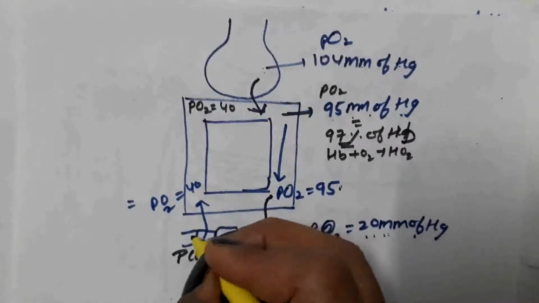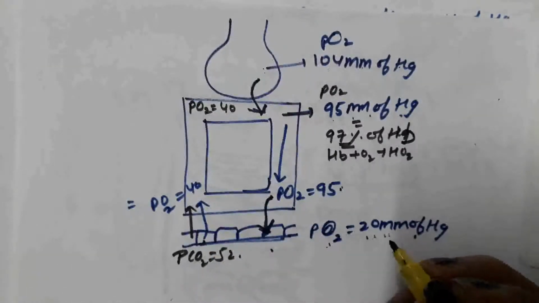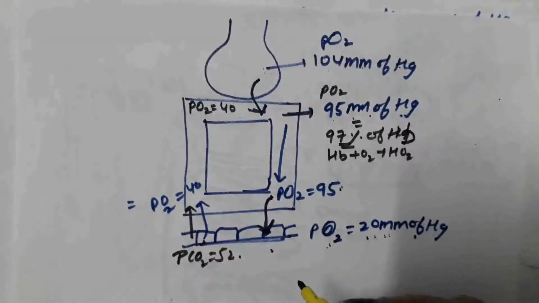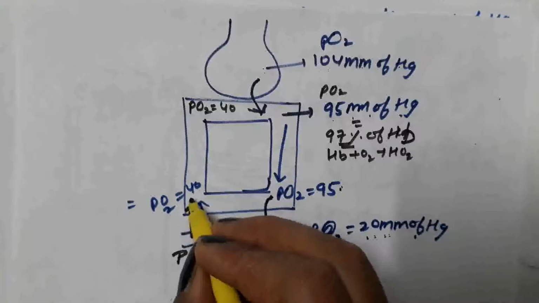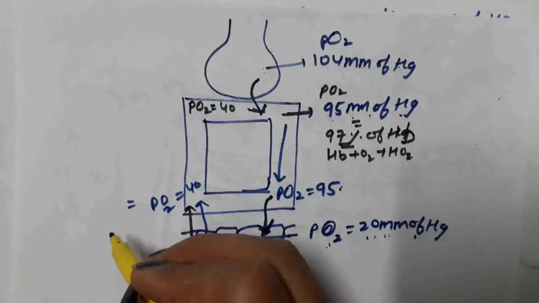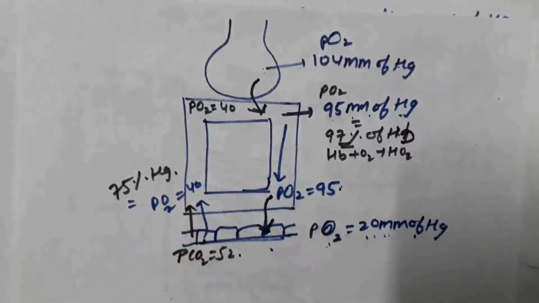CO2 is transported from tissue to the blood, and here the partial pressure of oxygen is again equal to 40 mm of mercury. At 40 mm of mercury partial pressure, around 75% of hemoglobin is still saturated.